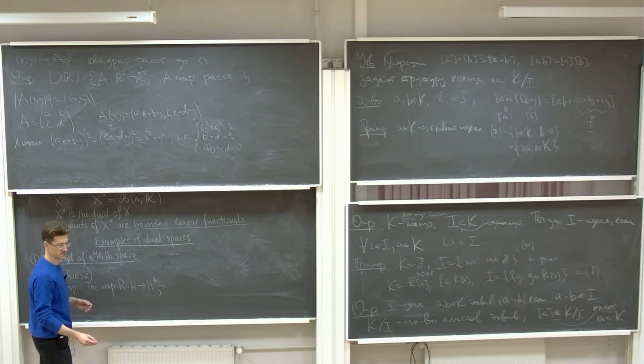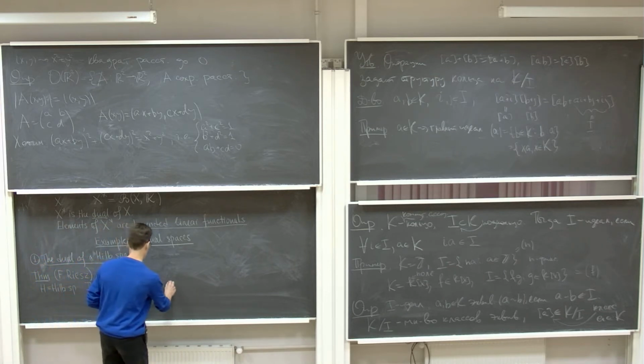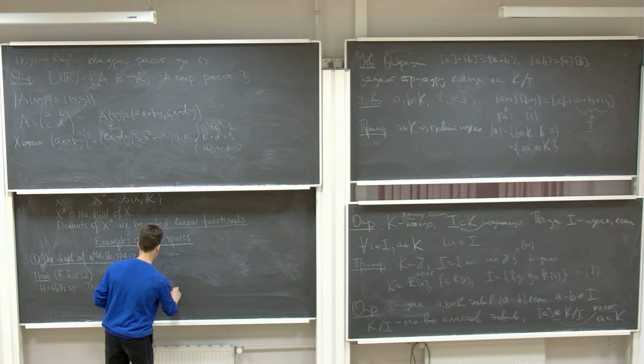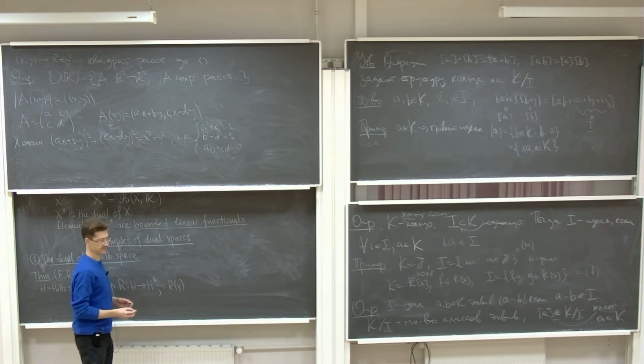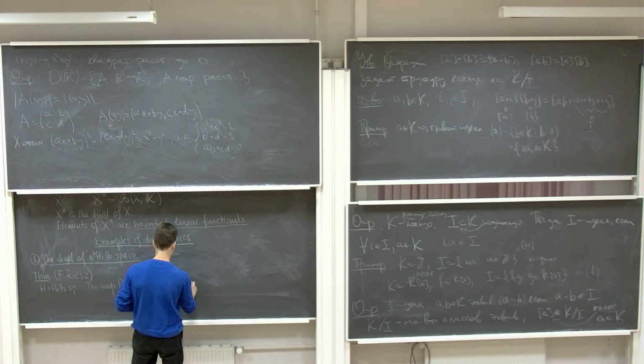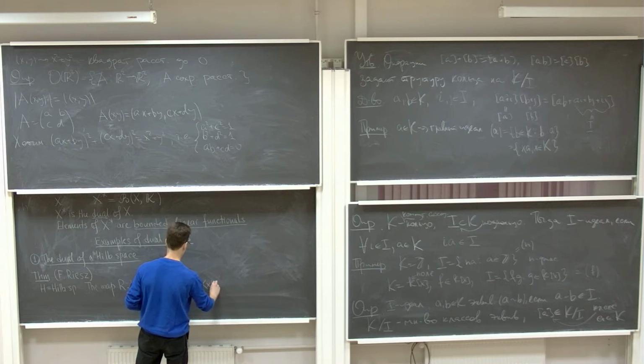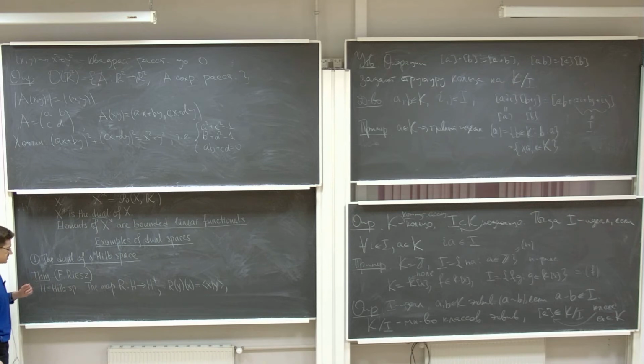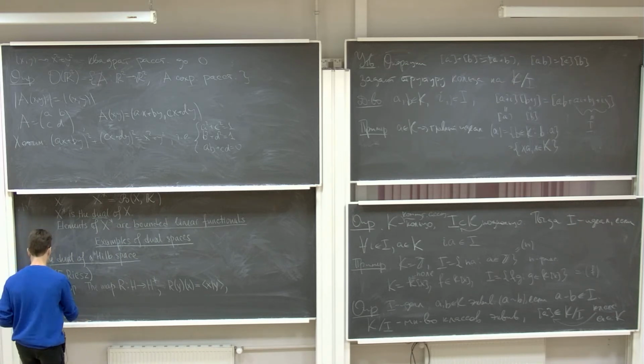This map is defined as follows. If y is an element in our space, then R of y is a linear functional on H, which takes any element little x to the inner product of x and y. And the theorem states that this map is an isometric antilinear bijection.